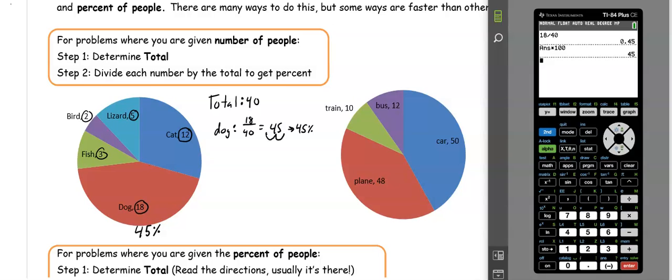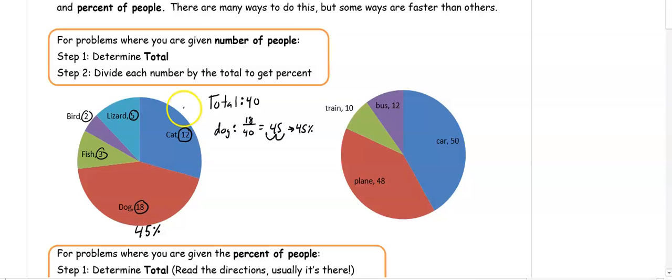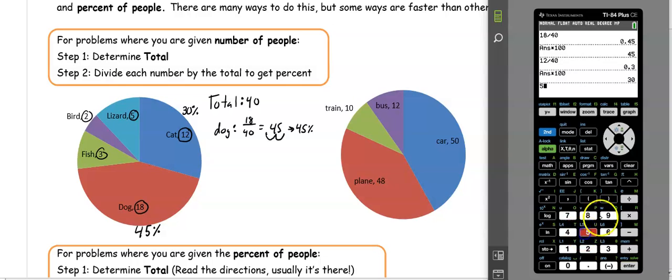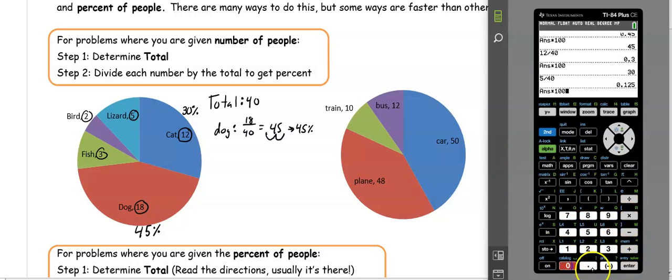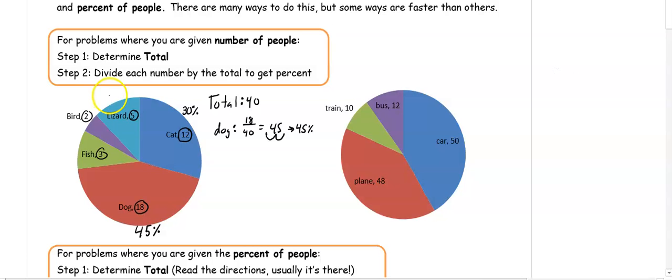Let's get the rest of the percentages on our chart. If we do 12 divided by 40, that's 0.3. If we multiply by 100, that would get us 30%. Then we have 5 divided by 40 times 100, and that would get us 12.5%.